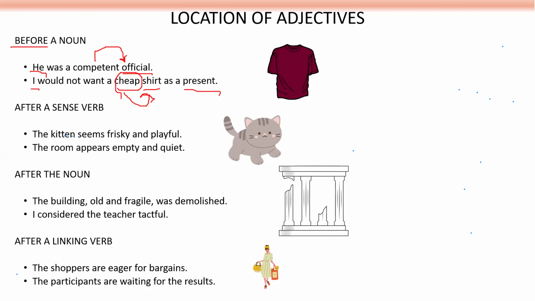Pero if you're going to ask, what kind of kitten? Frisky and playful kitten. Right? Does it make sense? Parang kasi mga nakukulot yung mga kilay, yung mga noon nyo. Dito kayo. Okay, so the room. What kind of room is it? It's empty and quiet. It still answers the question, what kind of room? That's why empty and quiet are the two adjectives.